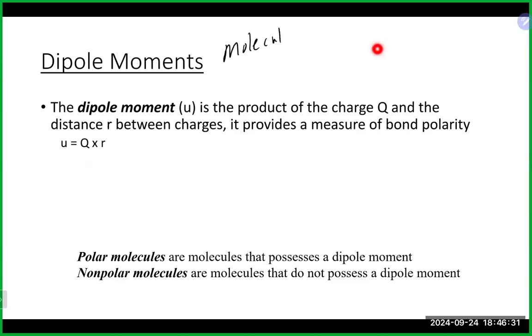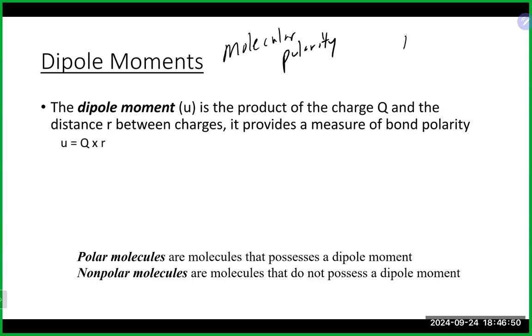And molecular polarity is basically the entire molecule as a whole. Is it polar or nonpolar? And remember that we did talk a little bit about it when we talked about bond polarity.